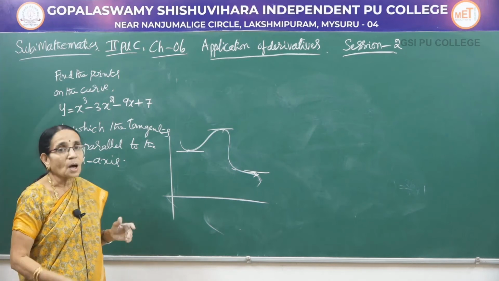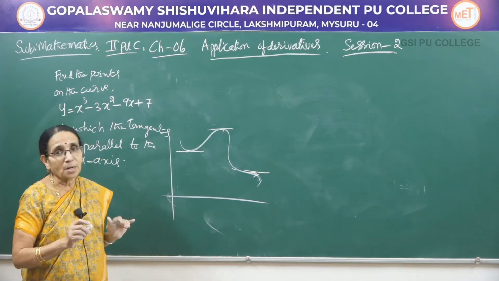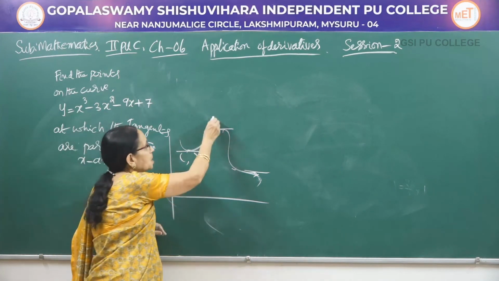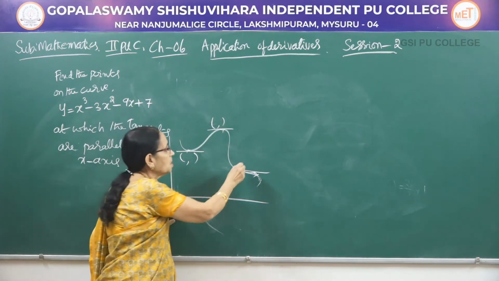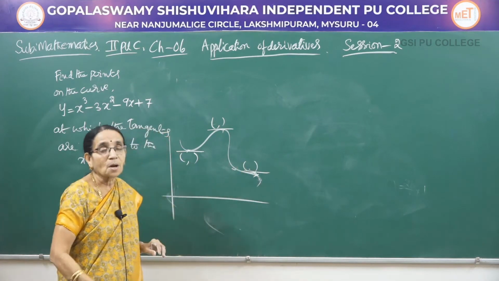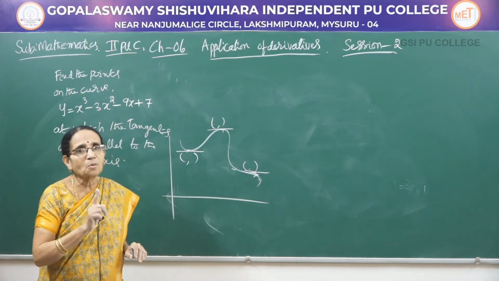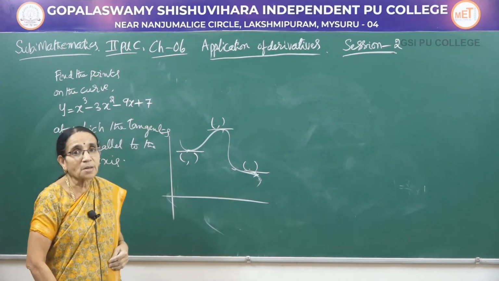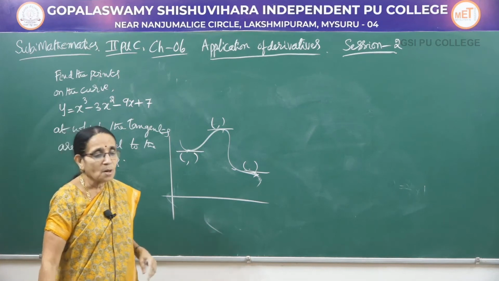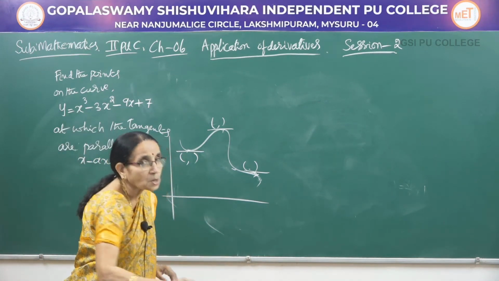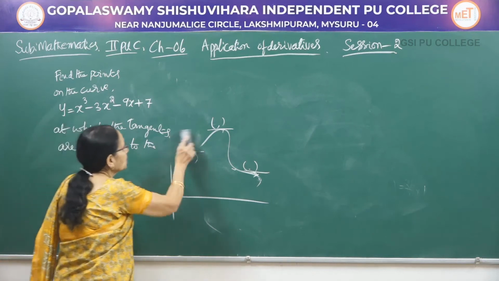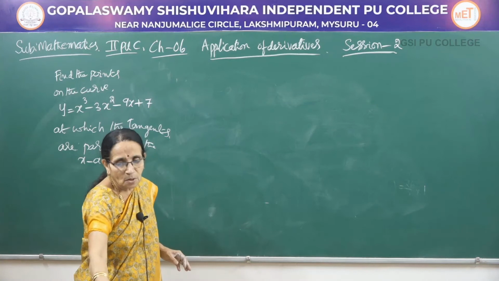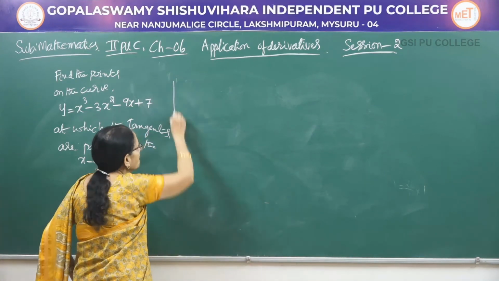Our aim is to find the points. What do you mean by finding the points? At this point, what are the coordinates? At this point, what are the coordinates? So coordinates means both x and y coordinates we have to calculate. So more than one point, because they have asked to find the points in the problem. So the first step, as usual, is to differentiate the function. Because after we get dy by dx only, we can think of calculating the remaining quantities.